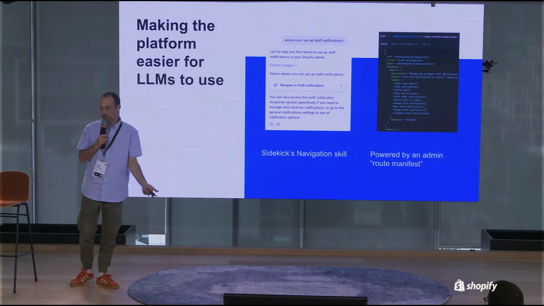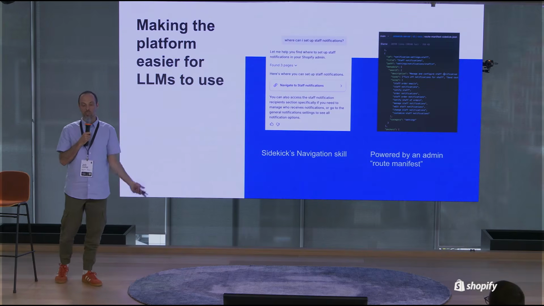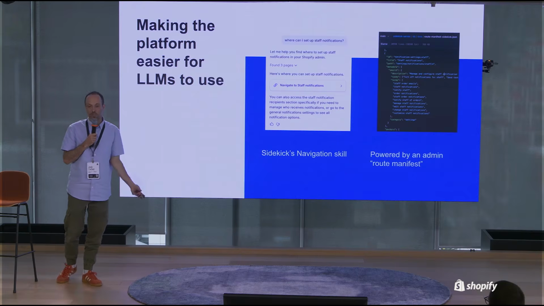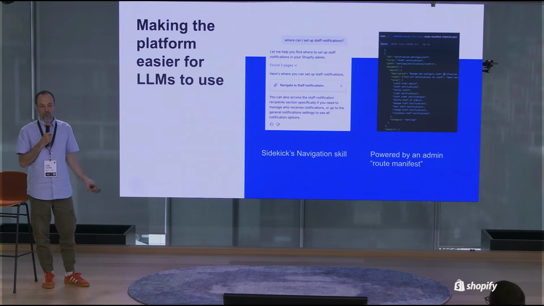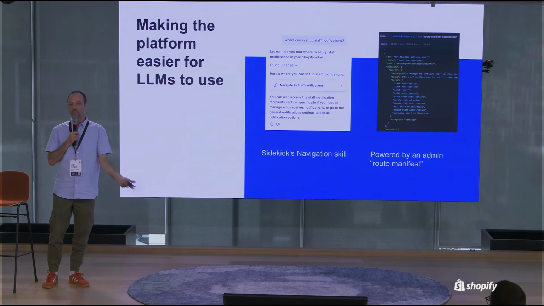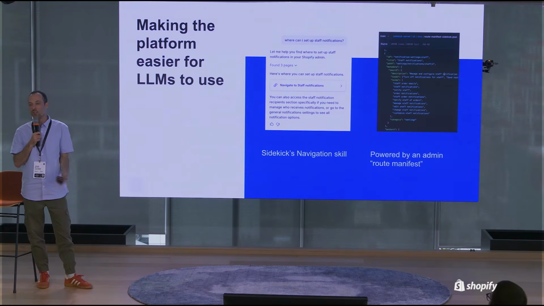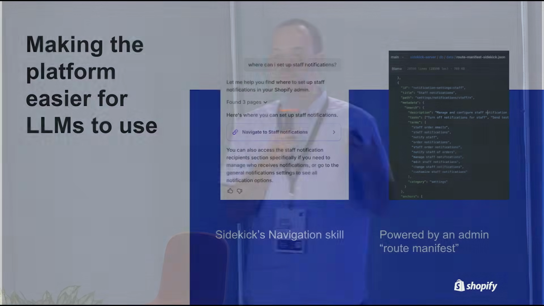So one of the skills that we have is that Sidekick can navigate you to any one of, I think, about 1,000 different routes in the Shopify admin. The Shopify admin is a very large React app. And 2 years ago when we started, we were trying to figure out how to get Sidekick to use this tool, and we had nowhere to even look at or share with the LLM what all of the different routes were in the admin, and why you would want to go to those different routes.